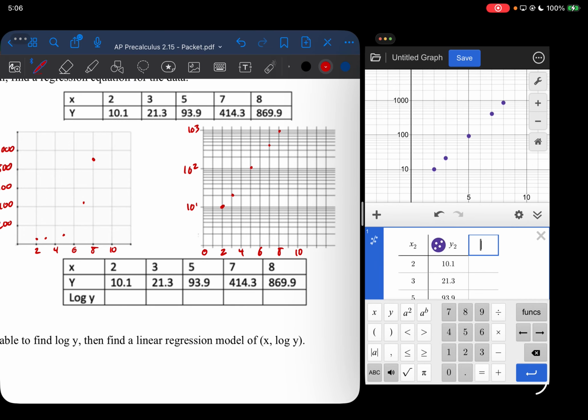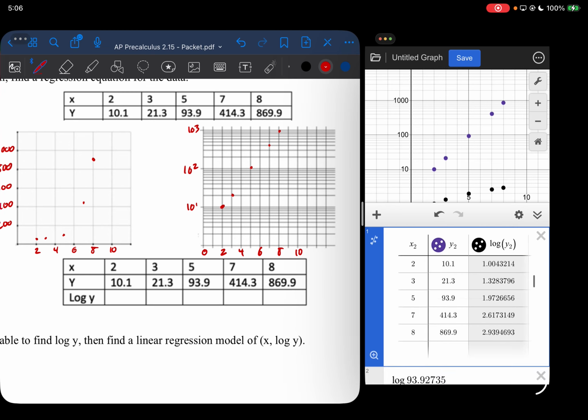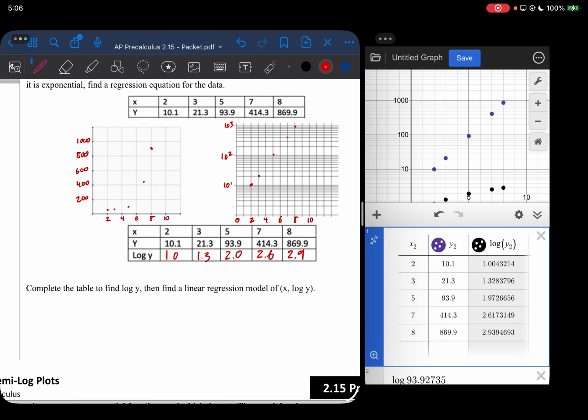Now, to compute the log values, we'll type in log parentheses y2. And those are our values. 1.0, 1.3, 2.0, 2.6, and 2.9. So now we want to find a linear regression for this line of the log data.